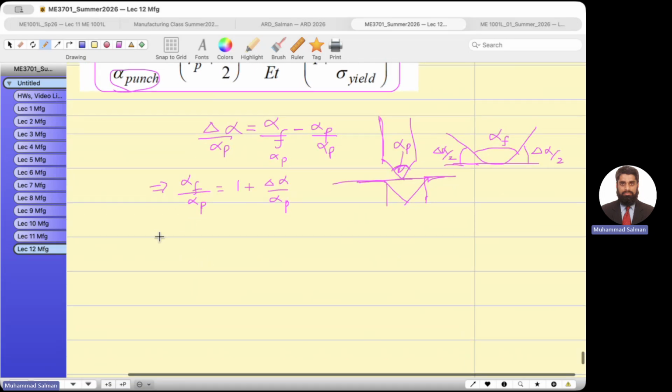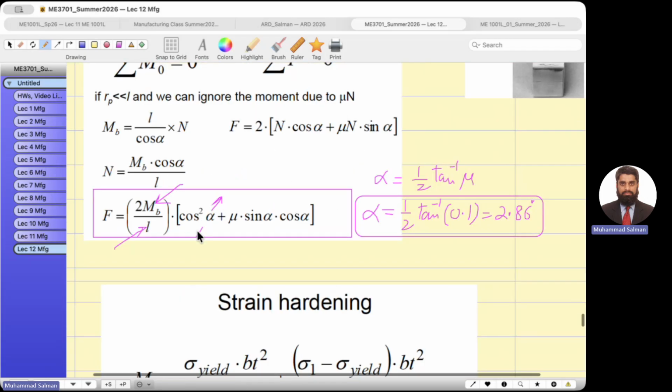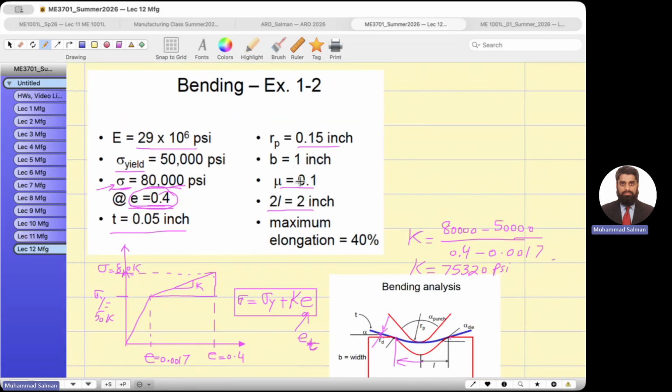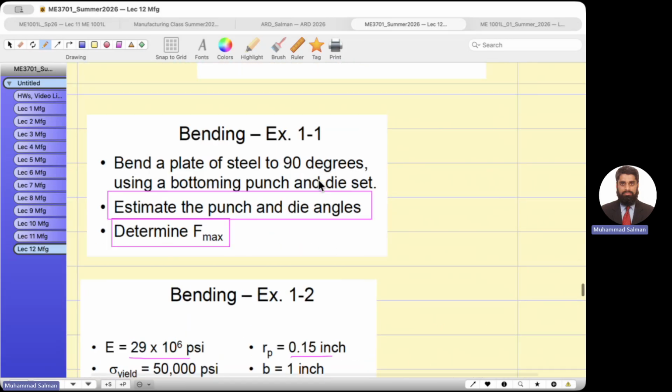So now look, alpha final is 90 degrees. How much is alpha final in our question? It says to bend the plate of steel to a 90 degree. You have to bend this sheet metal at 90 degrees. This is my alpha final.